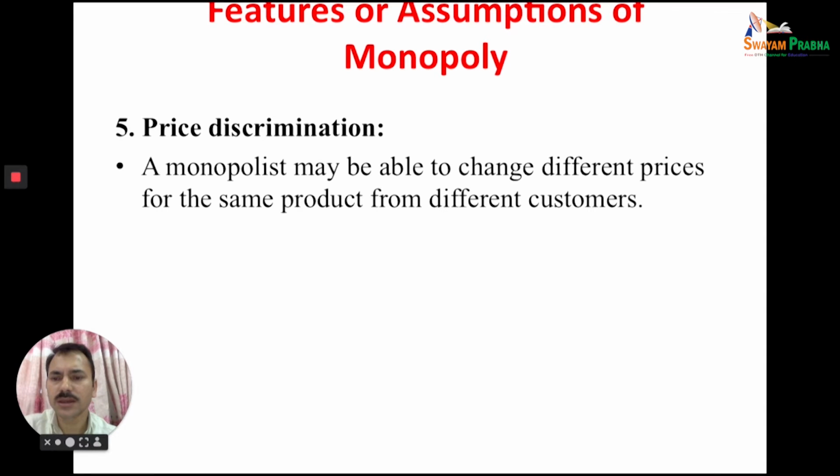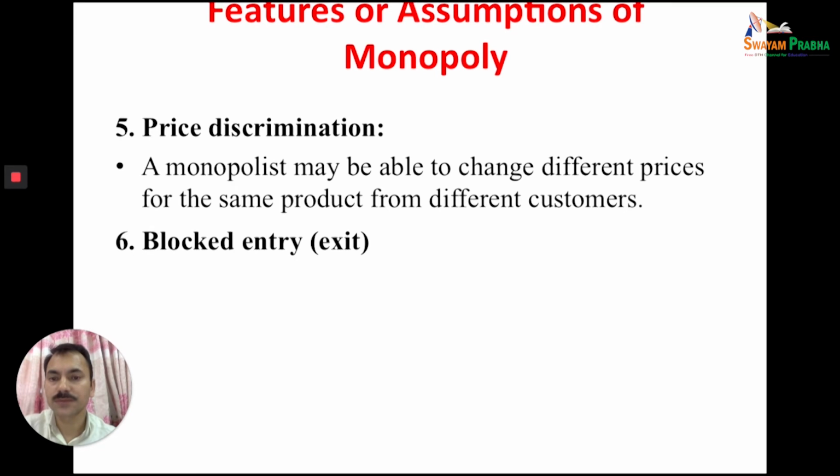Meaning, the monopolist is able to differentiate the price. He can sell the same product at different prices to different customers. So price discrimination is another important feature of monopoly.